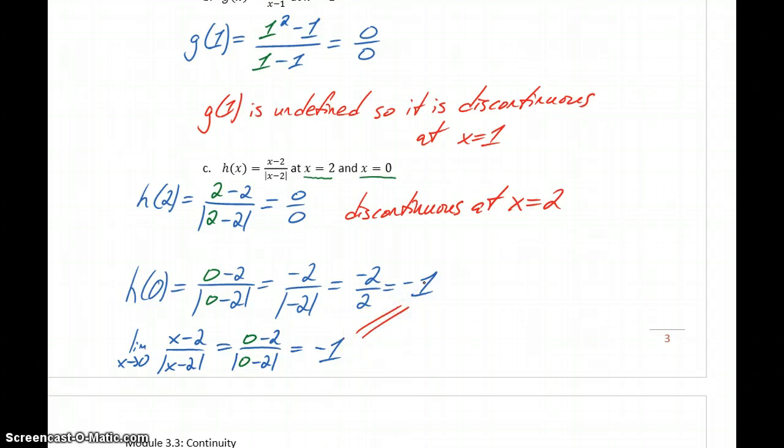So since the function is defined, the limit exists, and those two values are equal to each other, this function is continuous at x equals 0.